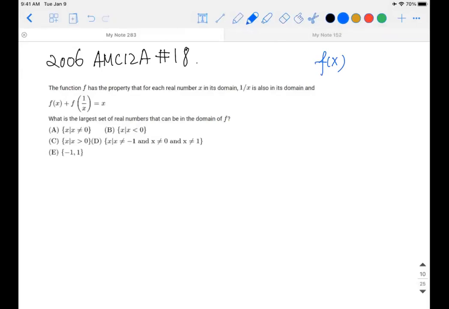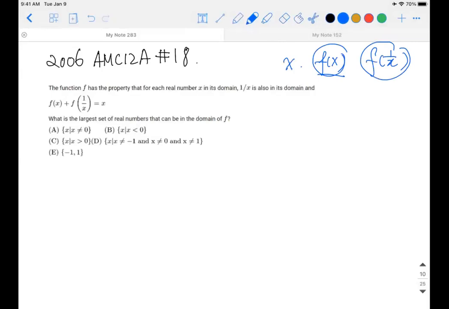As long as x is in the domain, f(x) is defined, and 1 over x is also in the domain. Let's say 5 is in the domain, 1 over 5 is also in the domain. 6 is in the domain, 1 over 6 is also in the domain. So these two, they're all definable, right?